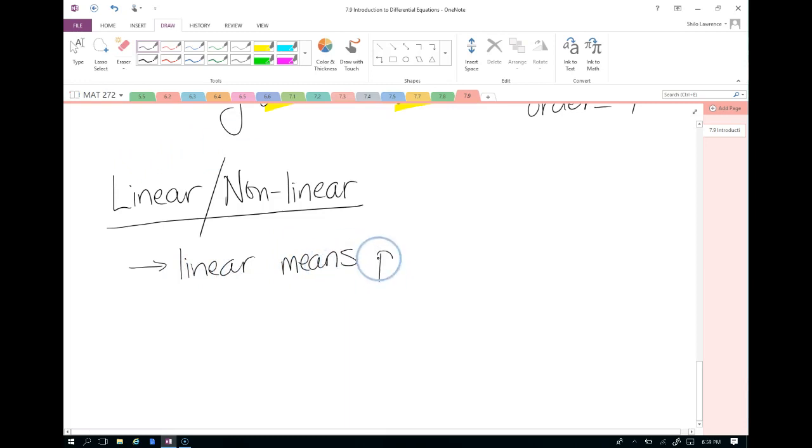So linear means it's got to be a polynomial, which means we don't see any square roots, we don't see any trig functions, we don't see any negative powers. Polynomials are just addition between the terms, and then we can have real number coefficients, and then all of our variables have positive whole number powers.